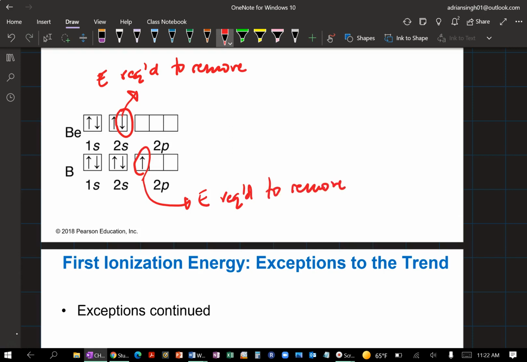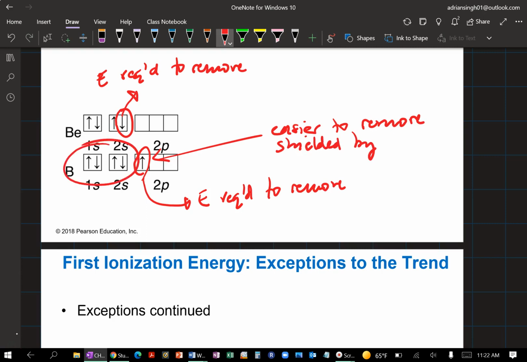Which is easier to remove? Well, this one here in the 2p is easier to remove, and the reason is that it is being shielded by those core electrons over here.